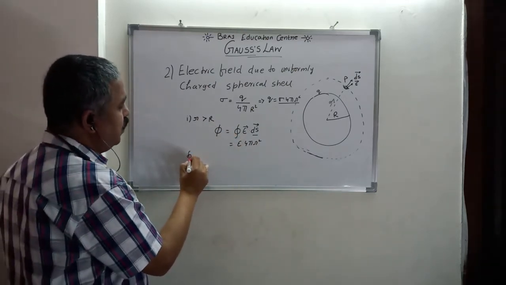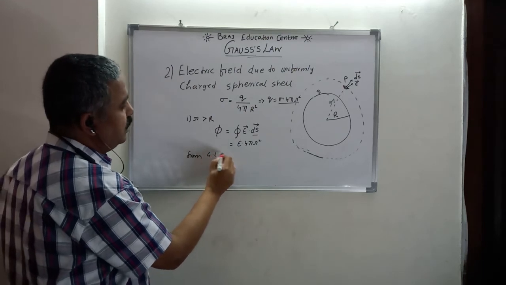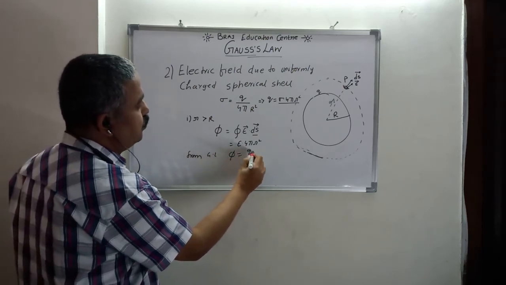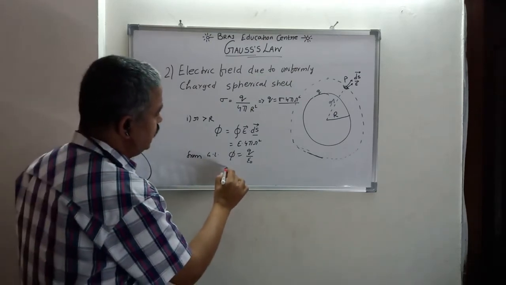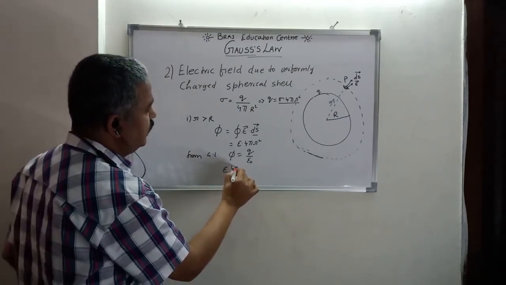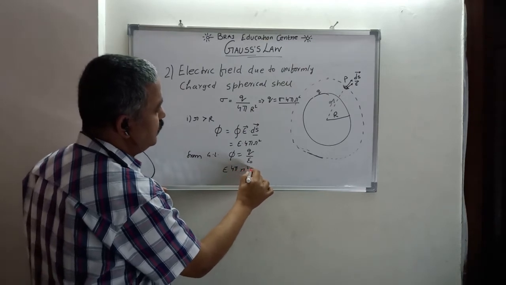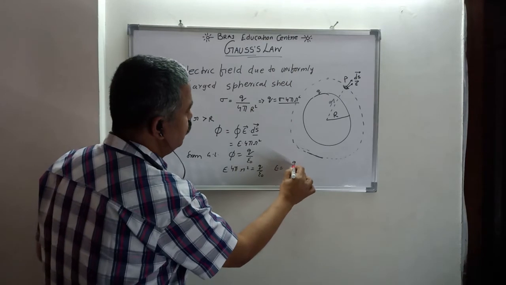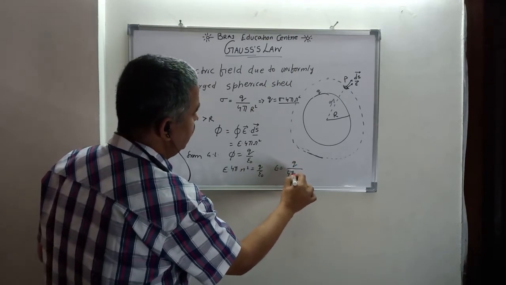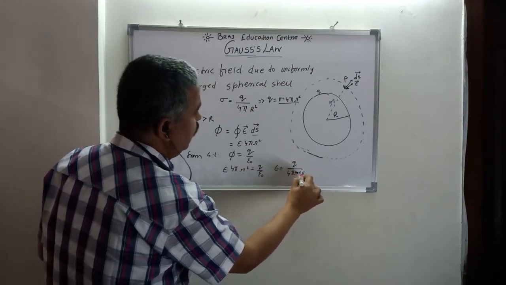Also from Gauss's law, we can write that phi is equal to q by epsilon naught. So when we equate them, we get E dot 4 pi r square is equal to q by epsilon naught. E is equal to q upon 4 pi r square epsilon naught.